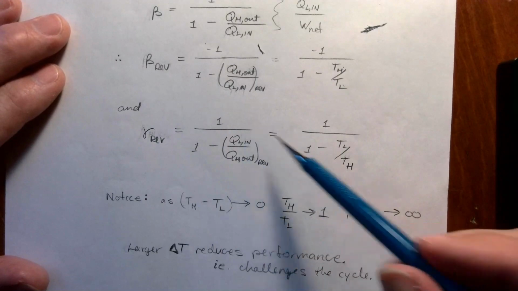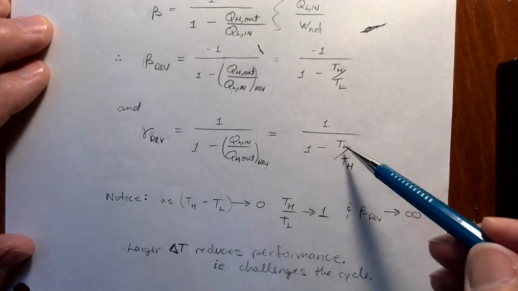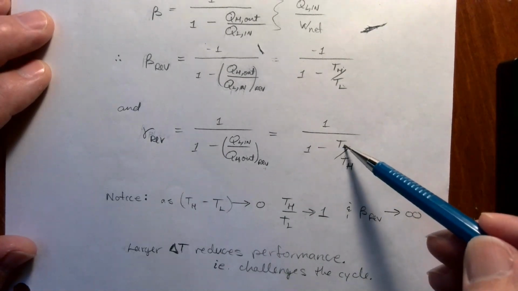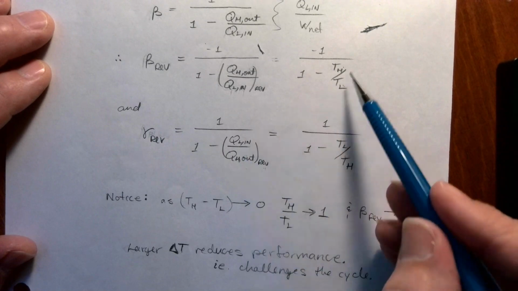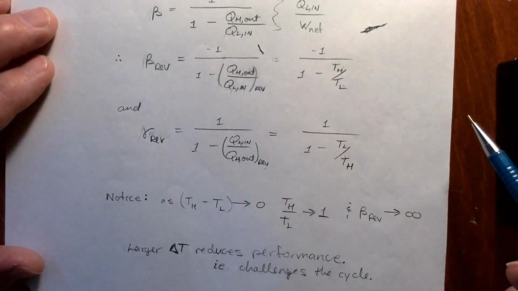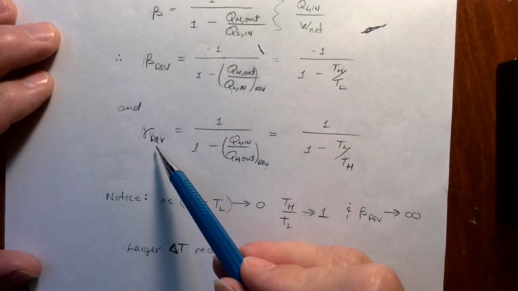So you've seen that before. This is QL over QH, reversible now, that can be replaced with TL over TH. Again, the numerator matches TL, QL. Up here it's TH, QH. And same with the denominator. So you can use this expression for gamma reversible.